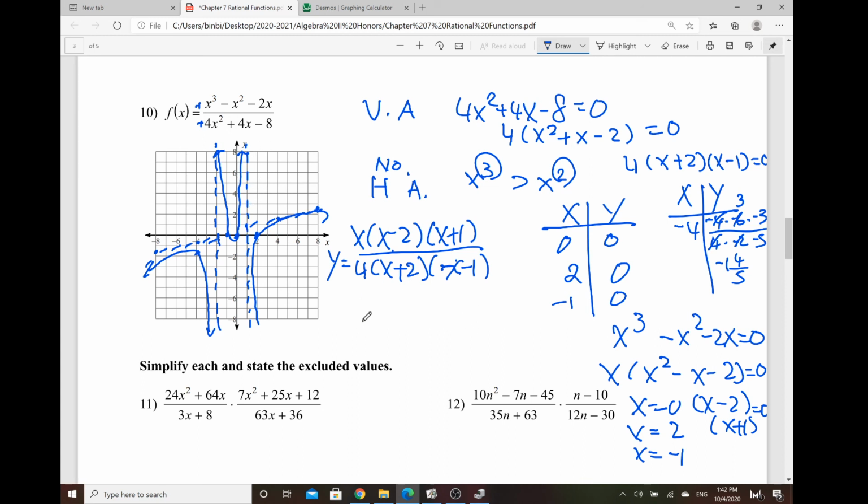And then determine the domain and range. So the domain for this one is negative infinity all the way to the first VA. Well, that one is -2, so negative infinity to -2.